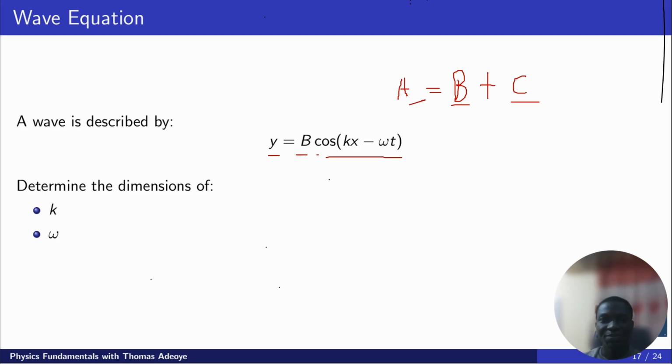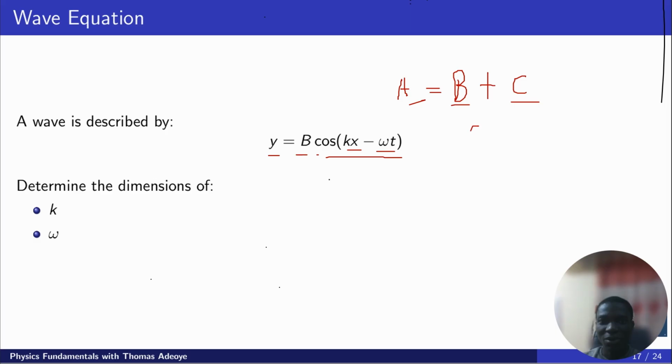Here we have kx minus omega t, but as I explained the other time, it applies to either addition or subtraction. So kx and omega t each have the same dimension.